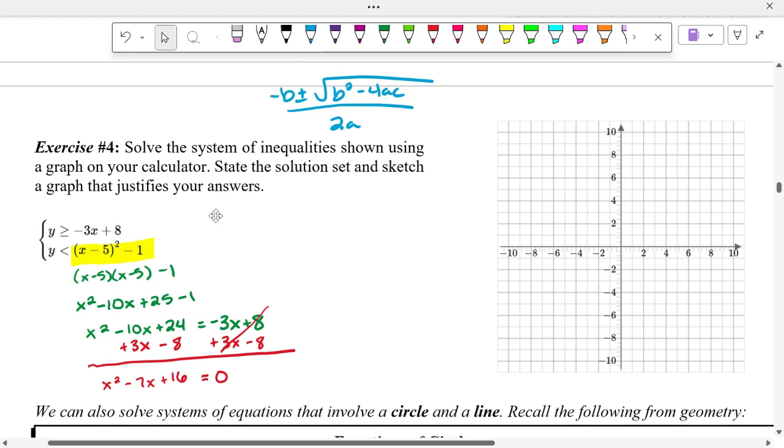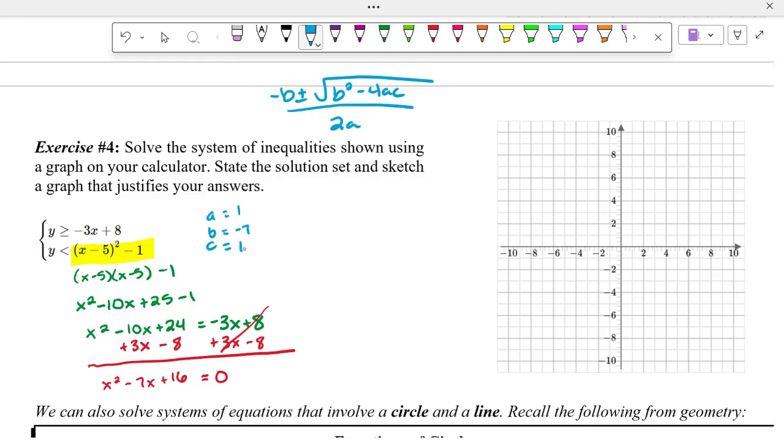So if I plug everything in, A, B, C, my A is 1, my B is negative 7, my C is 16. So this would be negative 7 plus or minus the square root of negative 7 squared minus 4 times 1 times 16 all over 2a.